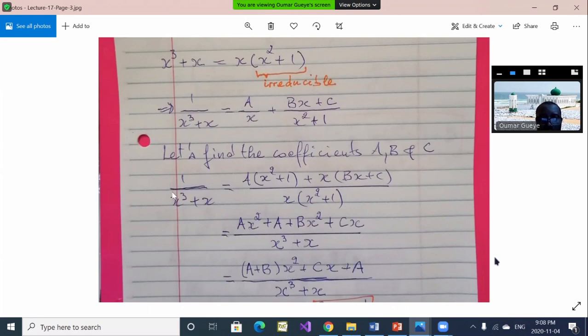Since the denominators are the same, the numerators should be the same. This numerator, (A plus B)x squared plus Cx plus A, should be equal to 1.